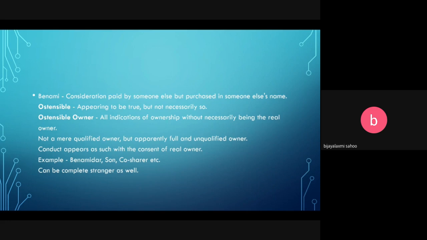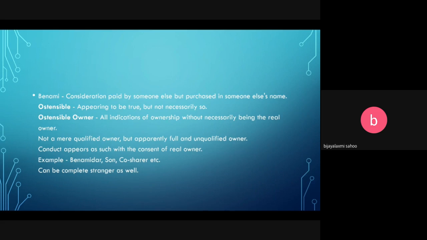He has empowered the caretaker, who is acting as his agent, to give it on rent, put it on Airbnb, or do whatever is needed to maintain that property. So he is empowering everything. It has been empowered by the real owner. Now to the world, he seems like the real owner, though he is not.